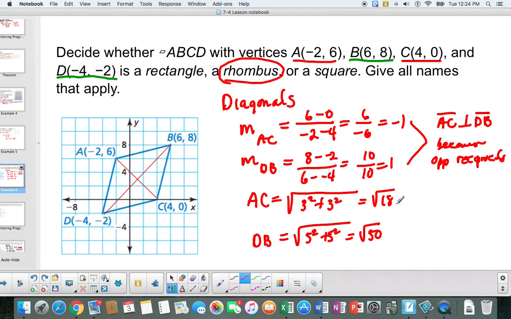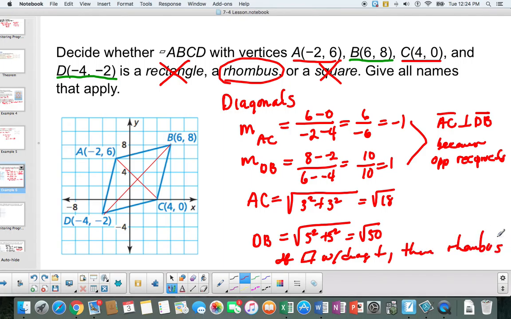Now we can see that these are not congruent to each other, so it cannot be a rectangle, and if it's not a rectangle, certainly it can't be a square. So if you have a parallelogram with diagonals perpendicular, then you can say it's a rhombus.